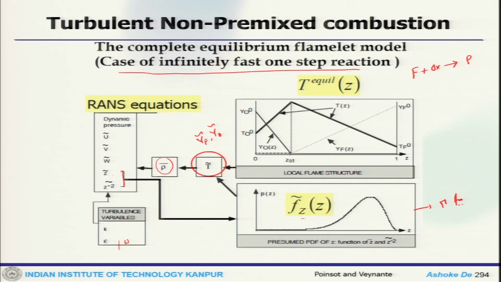So, you can think that there are two stages of the whole business, or two systems. This is split into two parts. One is the mixing part, and the other is the reaction or equilibrium kinetics part, and they are connected through the mean density, because mean density is the term which connects the Eulerian mean flow field calculations, which has all this density, and on the other side the local flame structure.